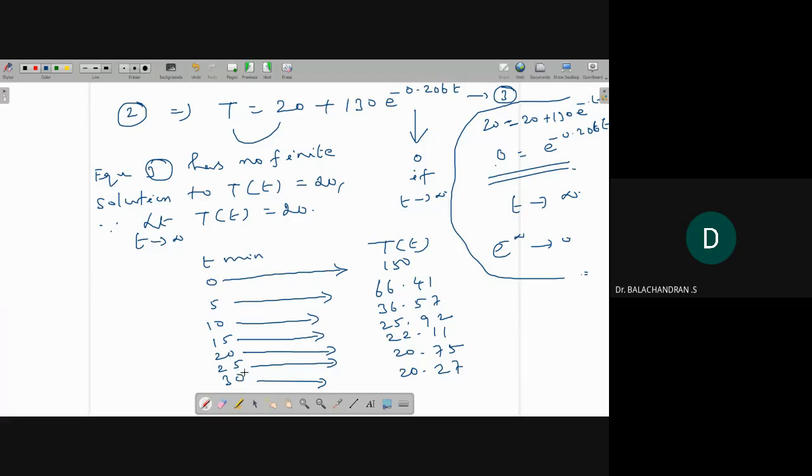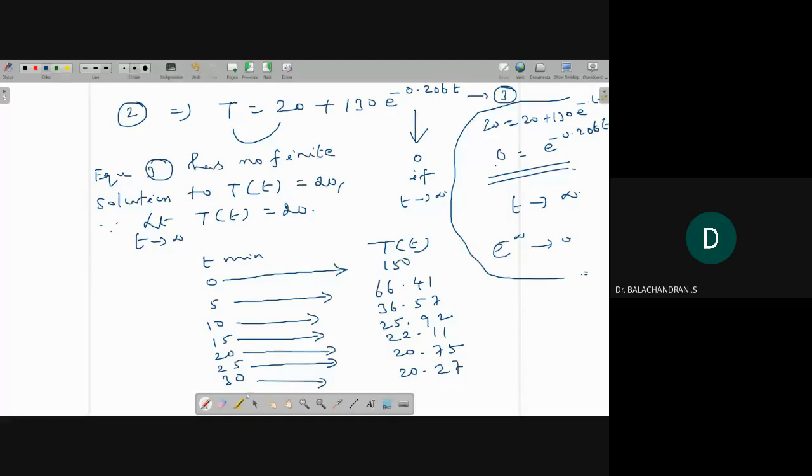So approximately within half an hour, the 30 minutes, the coffee cake cools down to room temperature, so 20.27. You may argue, sir, I'll put t equal to 60, so I'll get 20.001. Okay, I agree with you.